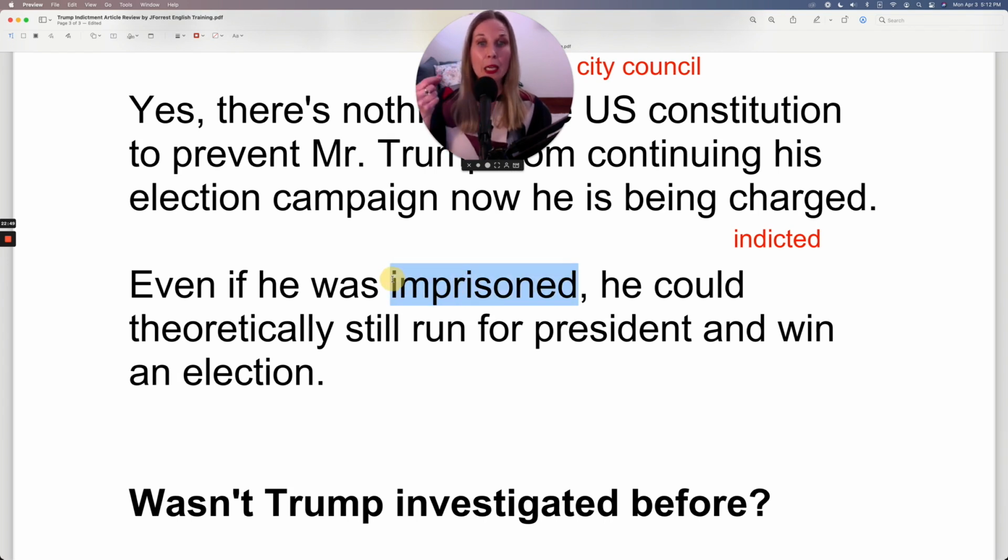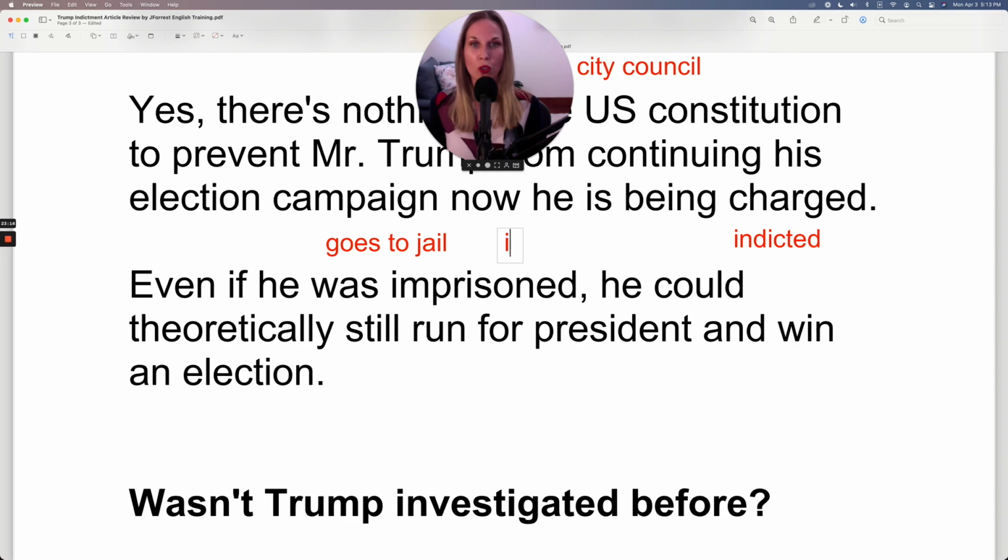to be imprisoned, this is just another way of saying even if he goes to jail. Okay, you could say even if he goes to jail, when you're imprisoned, it means you're in jail. It's just another way. But in this case, with the word imprisoned, we never change it to jailed, for example.